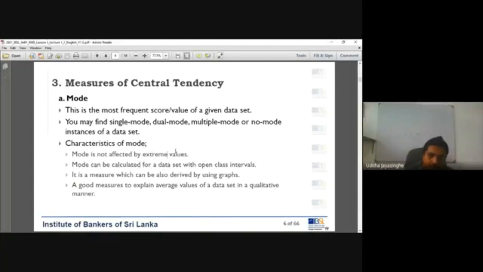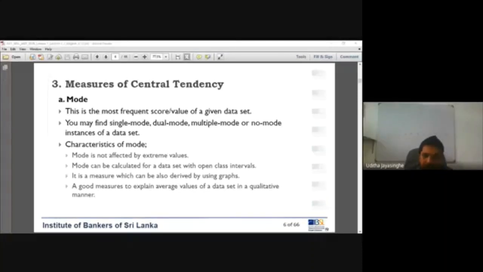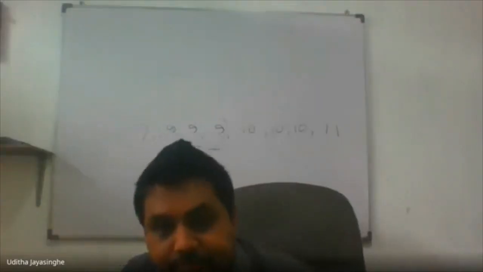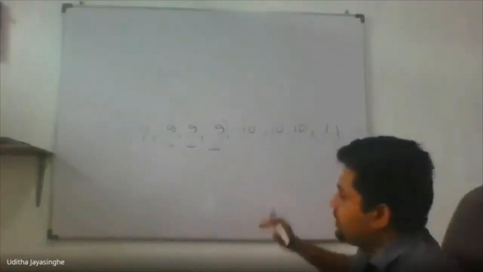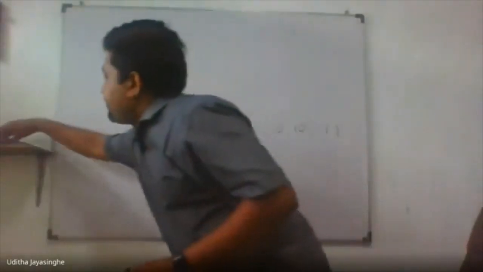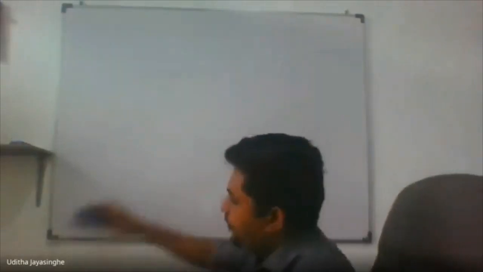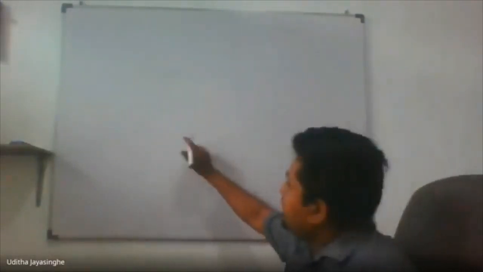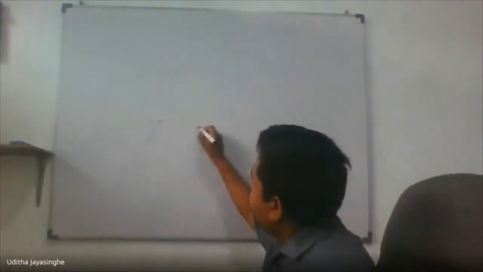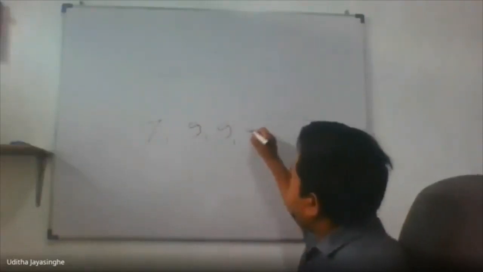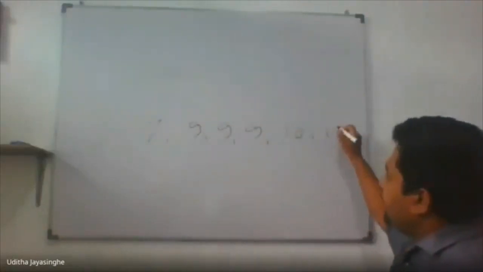We'll come to the first point. What do you mean by extreme values? Quickly, let me go back to the board once again. Now, students, in the example we discussed a moment ago, we had 7, 9, 9, 9, 10 and 11.